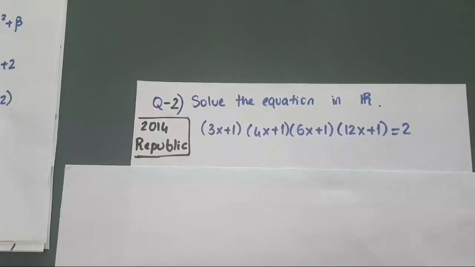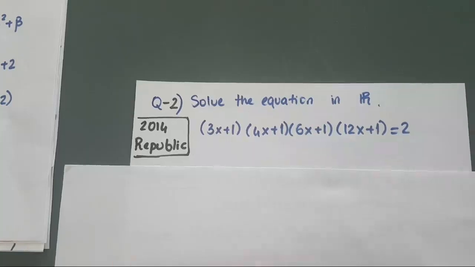We have 3x plus 1, 4x plus 1, 6x plus 1, and 12x plus 1. In this form, can we choose a helping variable like t or k or a, whatever you choose? If I assume, for example, the first one is t, how can I write the second factor in terms of t?